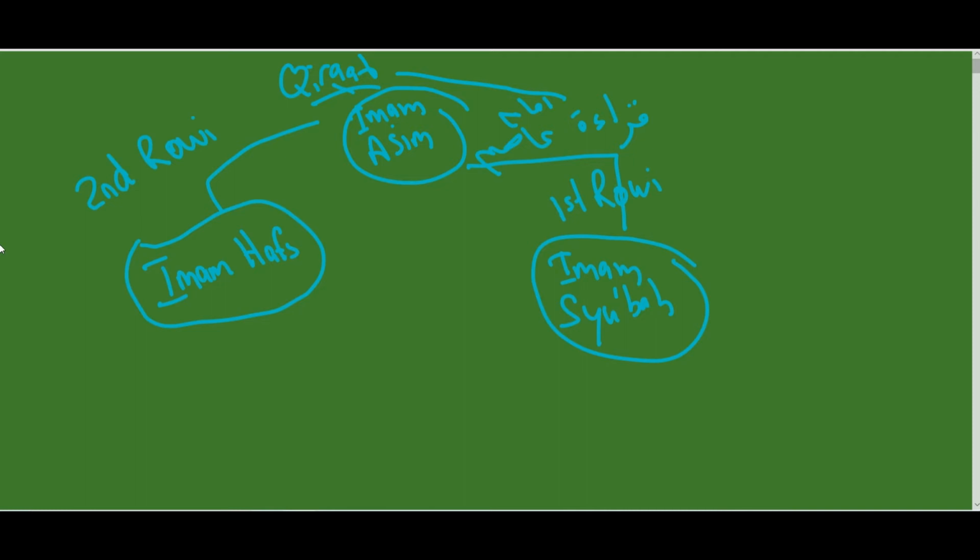It's a reminder to me also: at least we have done khatam with our various gurus, ustaz or sheikh at least once. But for them, the minimum is 30. So Imam Hafs and Imam Shu'bah are the two greatest students of Imam Asim.